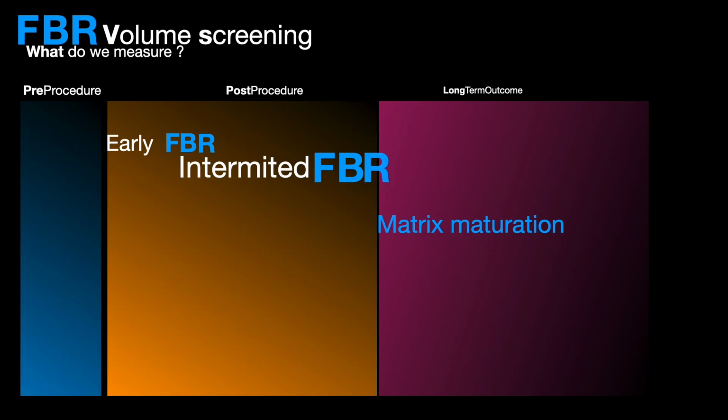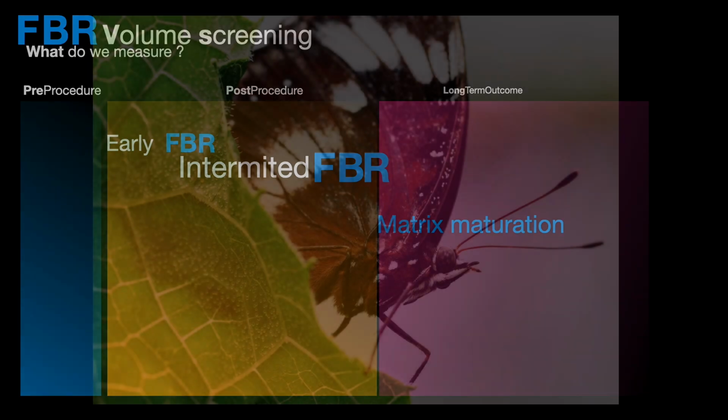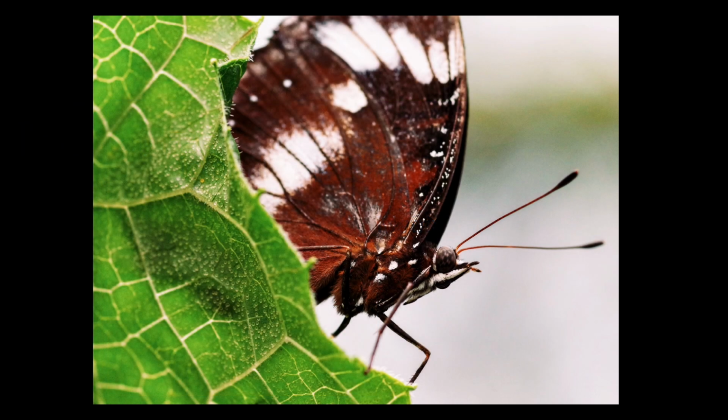So the pre-procedure scan and post-procedure scan comparison will give us an idea what's happening in early to intermediate FBR. Post-procedure to long-term outcome will give us an idea how it works in intermediate FBR and matrix maturation. Comparison of them. So very well done.